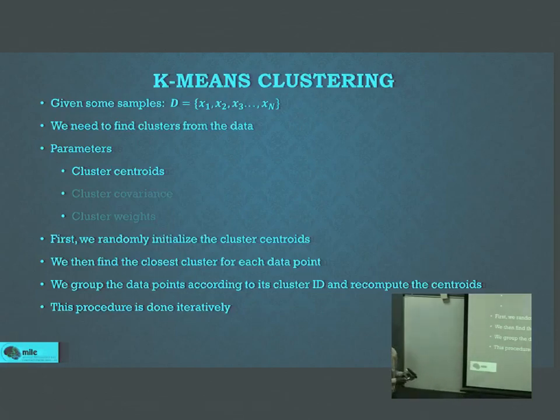In this procedure, we initialize the centroids to some random values. In the next step we find the closest cluster for each and every point. For example, we have x1, x2 up to xn, and let's say 4 clusters. We have to assume this k, some 4 or 5, let's assume k is 4.